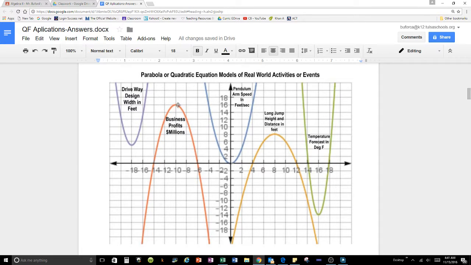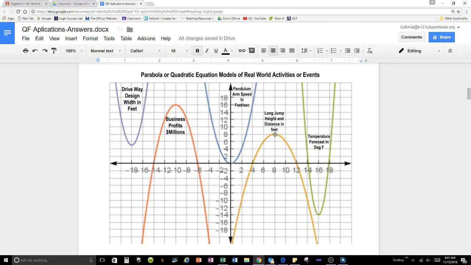The same here. The h for business profits is minus 10. See, that's the h. And the k is 16. The h for the pendulum is 0, and the k is 0. Okay.